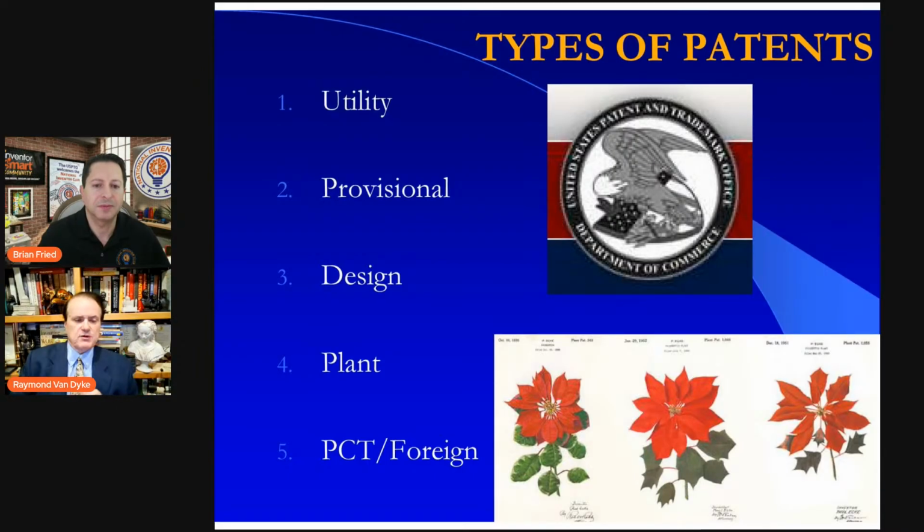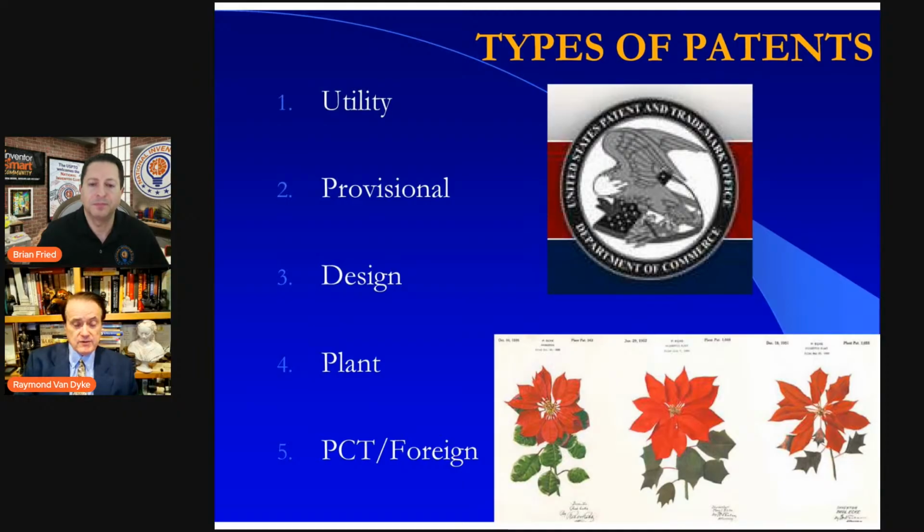You can get patents on certain types of plants, asexually reproducing plants. So these are not naturally occurring. You can't get a patent on a plant that's in nature, but you can get a patent on a plant that you splice or manufacture in some other way. And PCT is Patent Cooperation Treaty, or foreign matters. This is where you take your existing rights and extend them outside the United States.